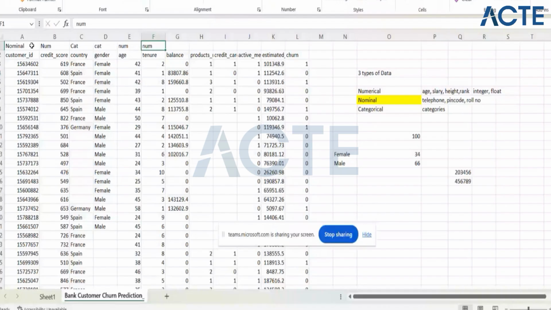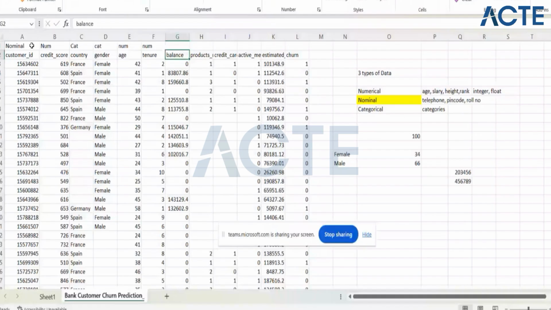Balance is numerical, sir. Tenure is numerical. Balance is numerical, right?